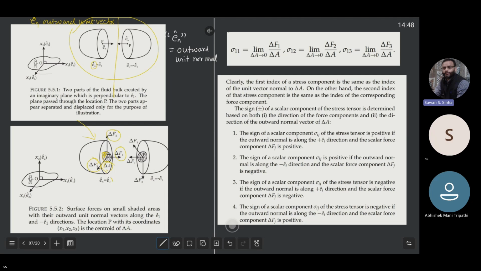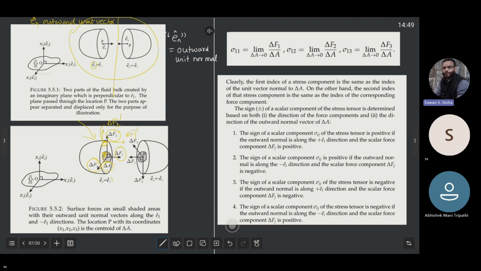I am saying that delta F1, delta F2 and delta F3 are the three components of the force that the right part was exerting on the left part only through that small area delta A. अब अगर मैं यहां कुछ एरिया ले लूं तो यहां भी कुछ फोर्सेस आएंगे. I can call it delta F2 prime in this direction and delta F1 prime in this direction and so on.